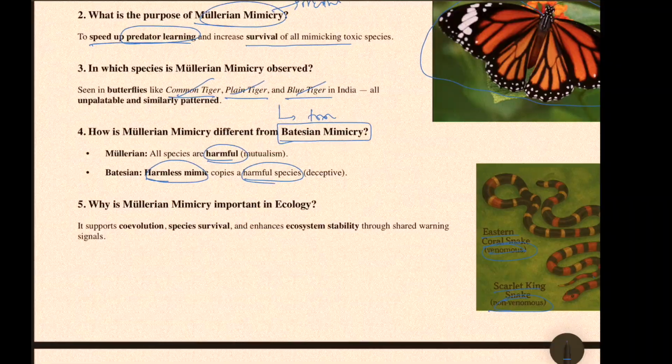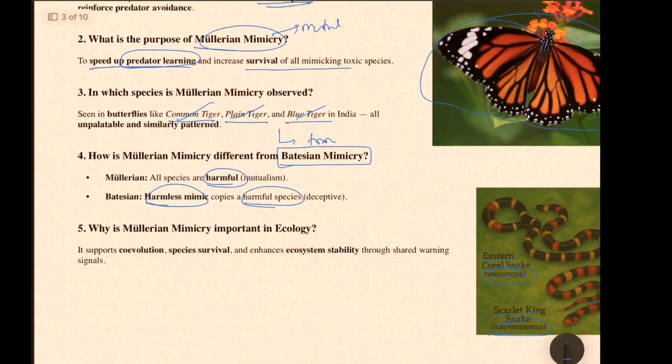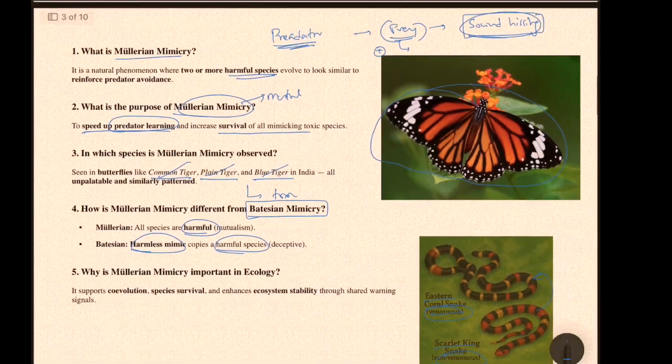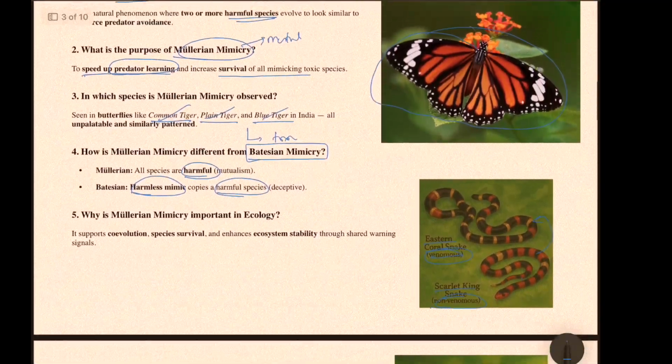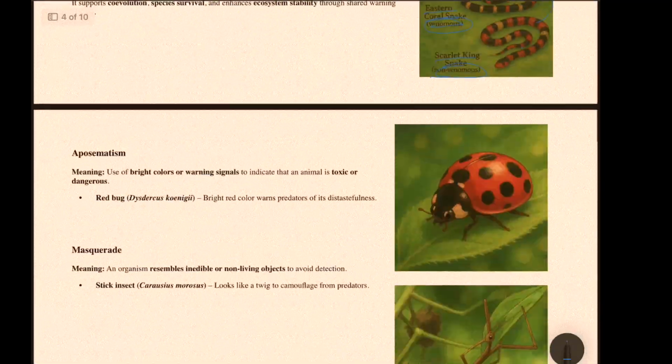With proper warning systems, the prey and the predator both can survive in a stable population, and ultimately it indicates coevolution, where multiple species evolve together for mutual benefit. So this is all about Müllerian mimicry and Batesian mimicry.